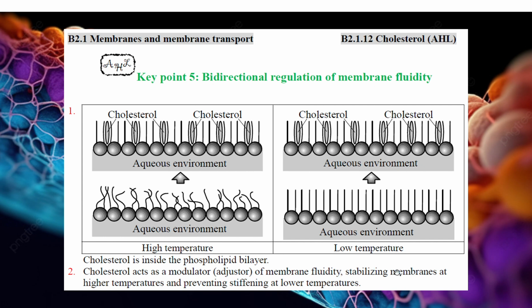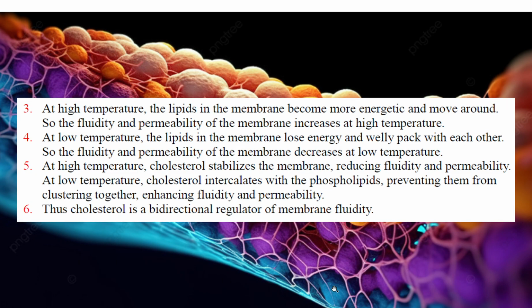So cholesterol acts as a modulator of membrane fluidity, stabilizing the membrane at higher temperature when it is too fluid, and preventing stiffening at lower temperature. At high temperature, the lipids in the membrane become more energetic and move around too much, and the fluidity and permeability are too high. At low temperature, on the other hand, the lipids in the membrane lose energy and are tightly packed together, and the fluidity and permeability are too low.